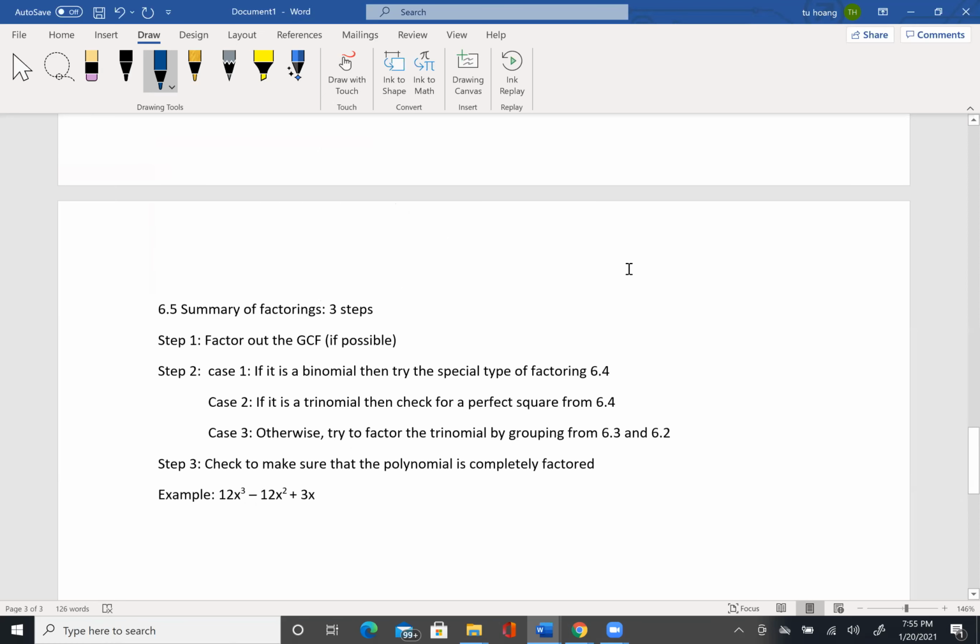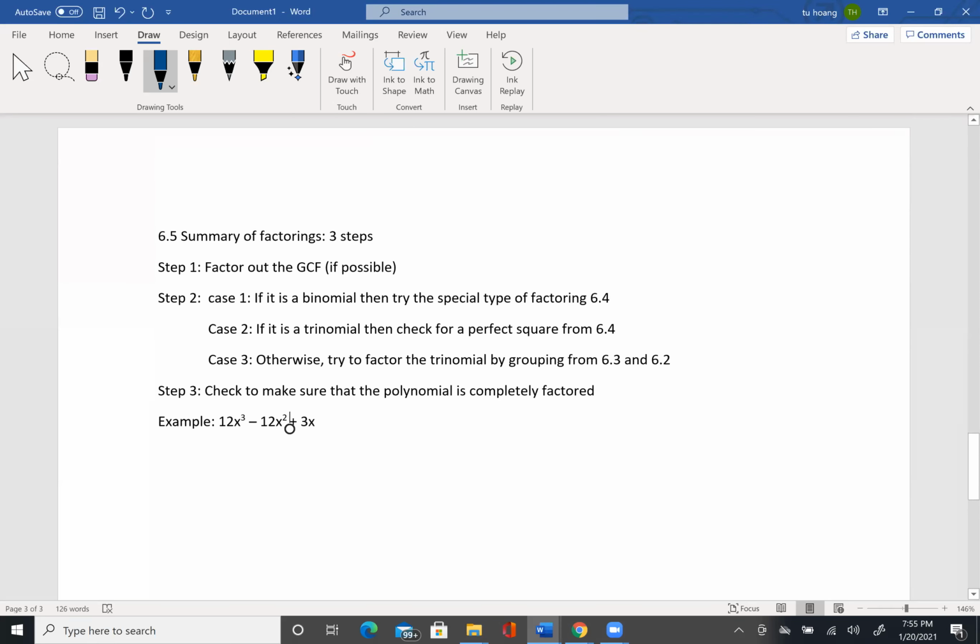I will check step 1 over here. Okay, step 1, I want to factor out the GCF if possible. Let's see, is there any GCF?